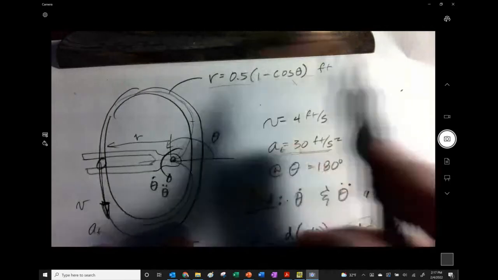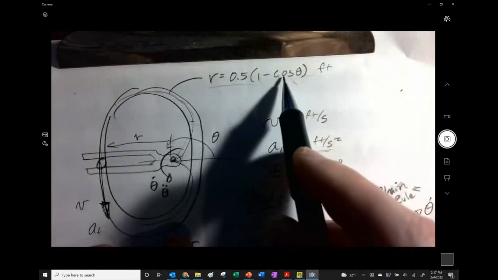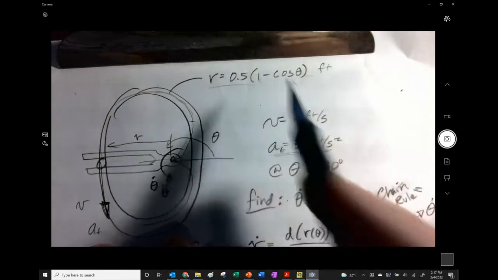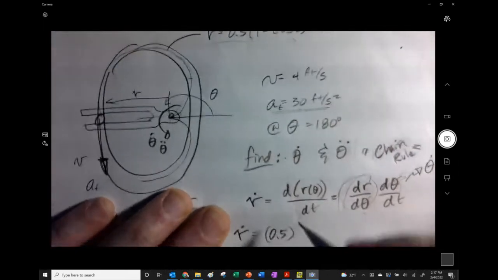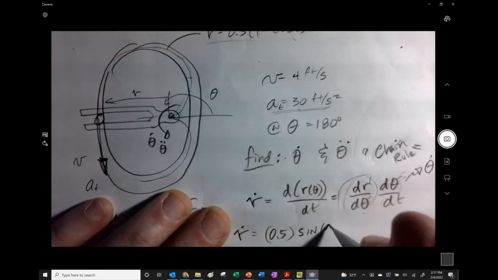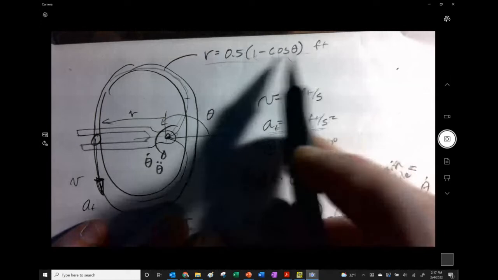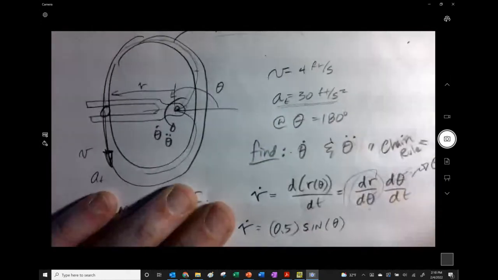The one goes away, and the derivative of cosine is a negative sine. So all we're going to get is a 0.5 times the sine of theta for that part of it. But that's just with respect to theta. We also need to multiply it by theta dot.